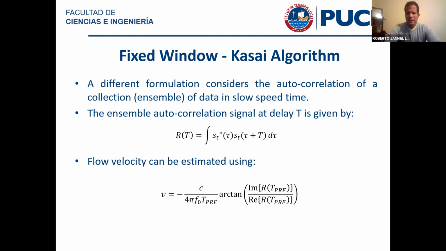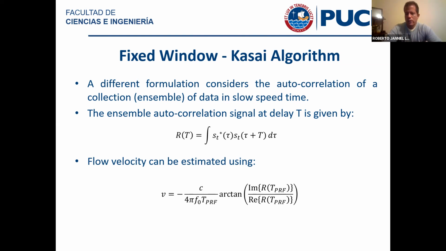So in general, we can calculate the autocorrelation of the received signal as a function of tau for a given instant of time, and that autocorrelation can be calculated at different amounts of lag. The definition is given in there.